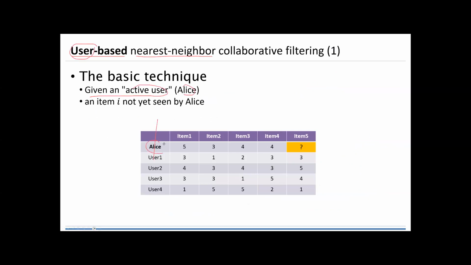There are items not yet seen by Alice. In this case, item i not yet seen by Alice is item number 5. We want to predict the rating of item 5 by Alice by looking at the crowd information.